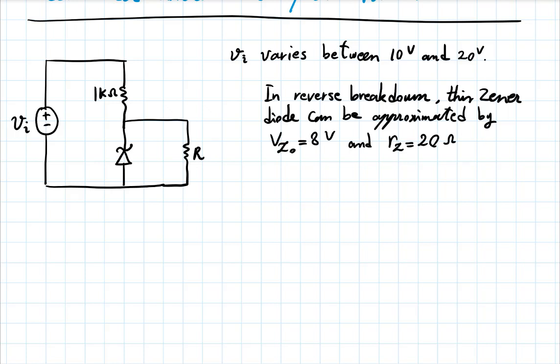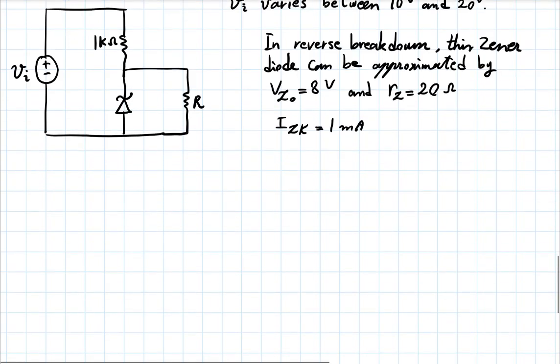So this is a linear approximation for that Zener diode. Its Zener knee current, IZK, is 1 milliamp.